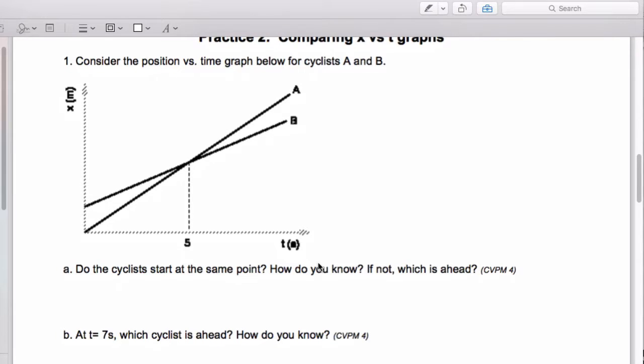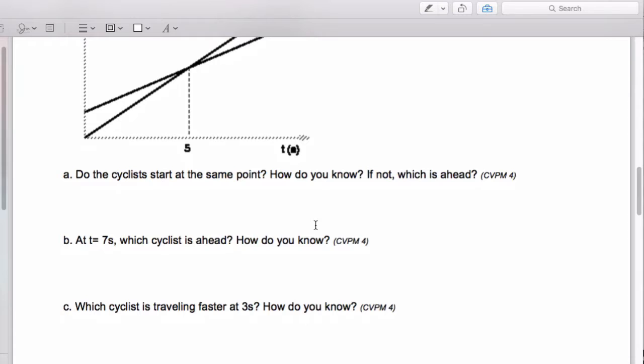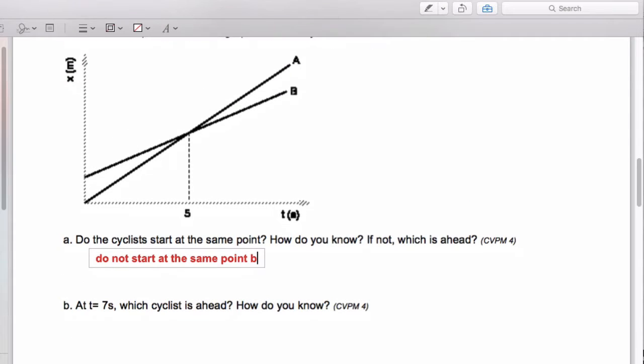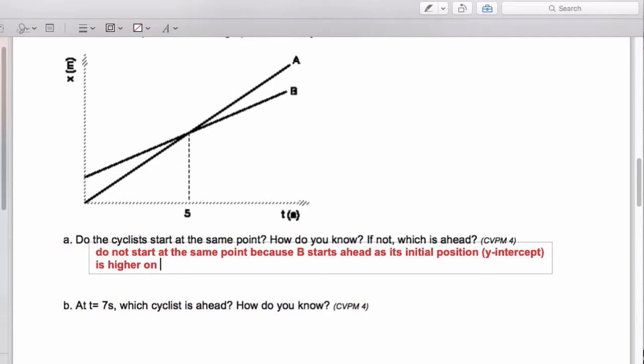I hope that this next part seems familiar. It was the Kahoot that we did, and so in case you're wondering, the cyclists do not start at the same point because B starts ahead as its initial position, which is the y-intercept, is higher on the axis.